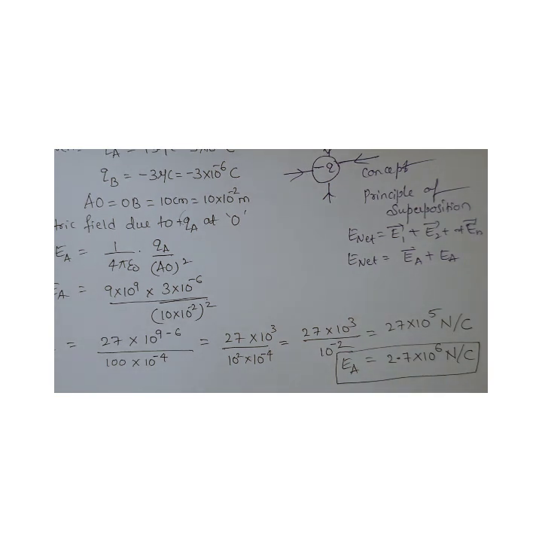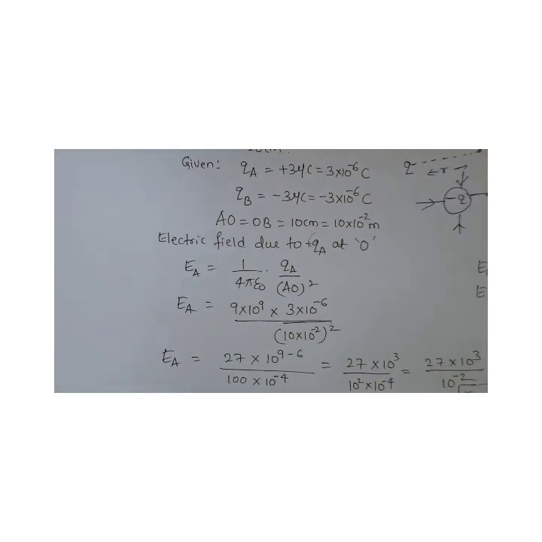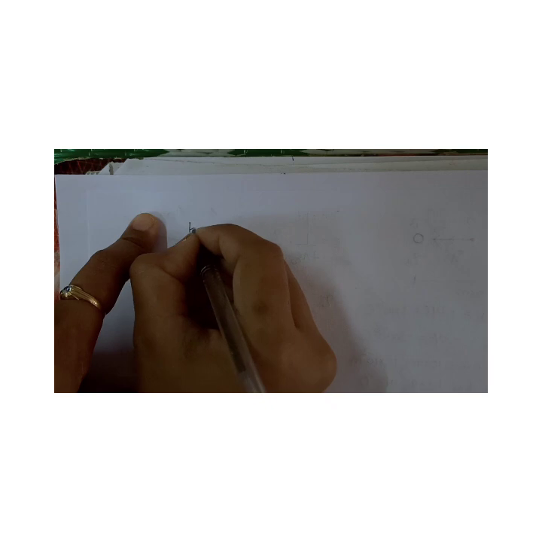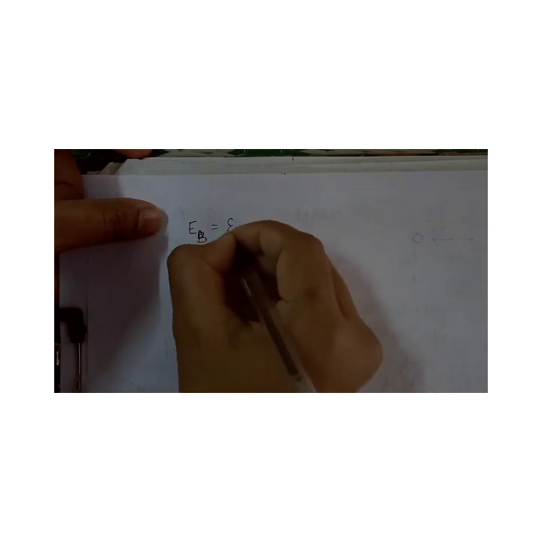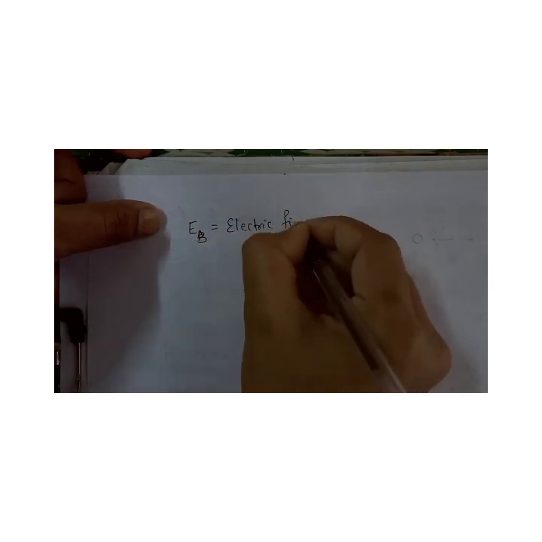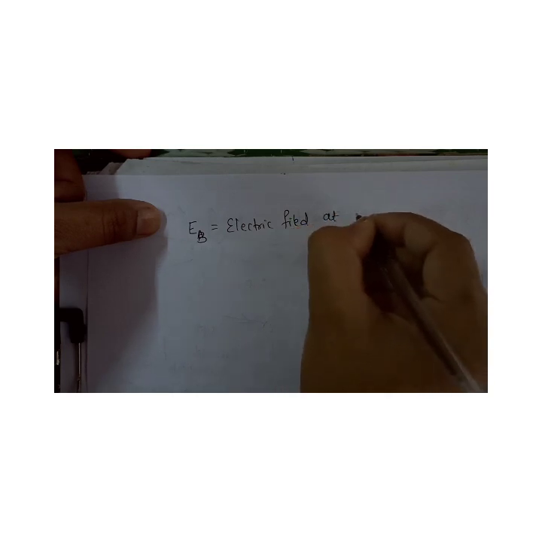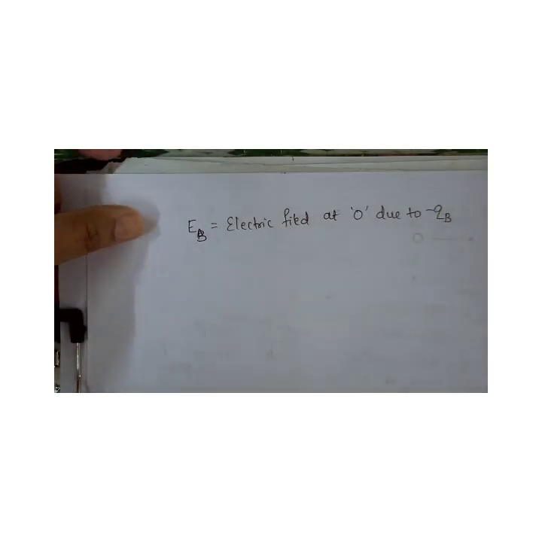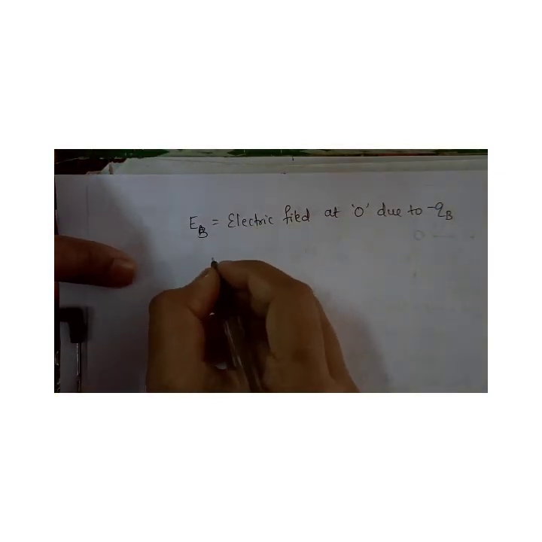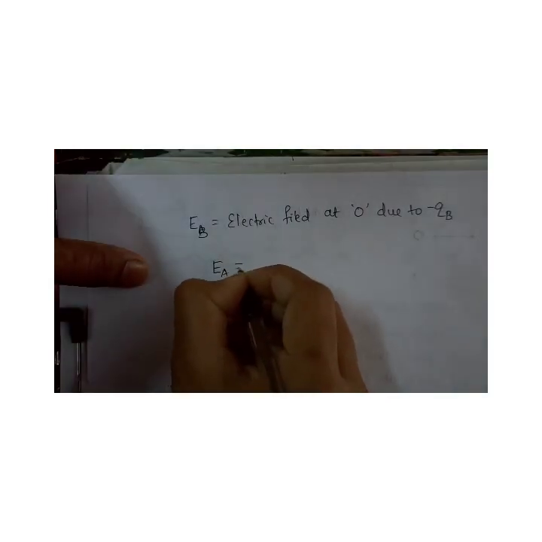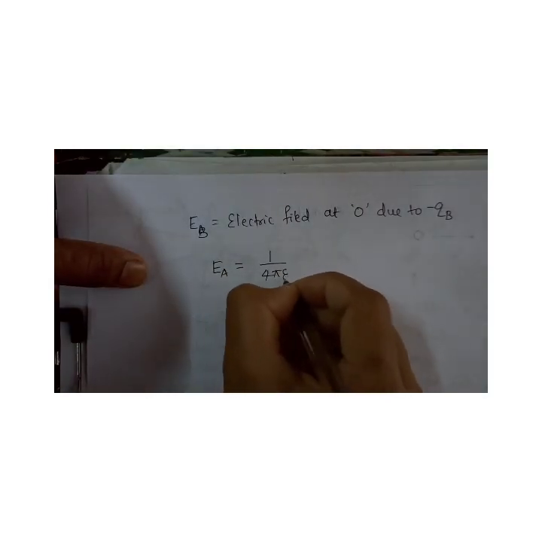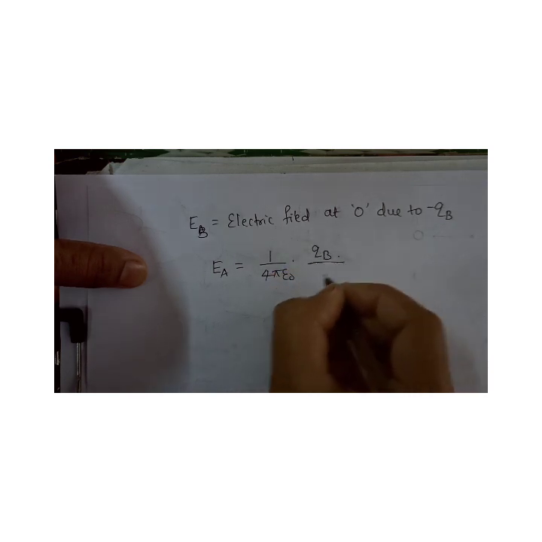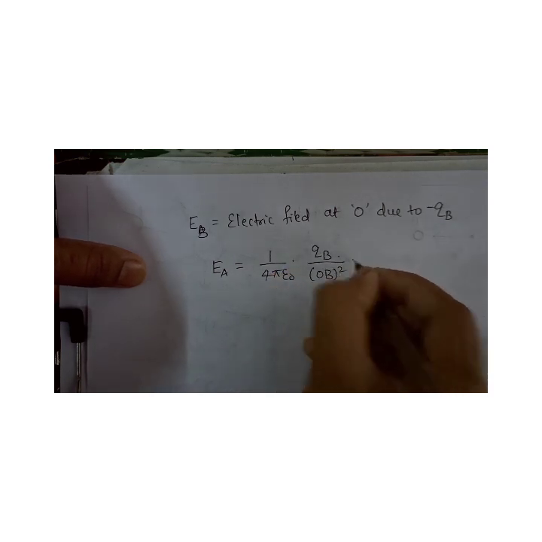In the same manner, you have to find EB. So what is EB? It's nothing but electric field at O due to minus QB. Then EB is equal to the formula 1 by 4 pi epsilon naught QB divided by distance OB square.